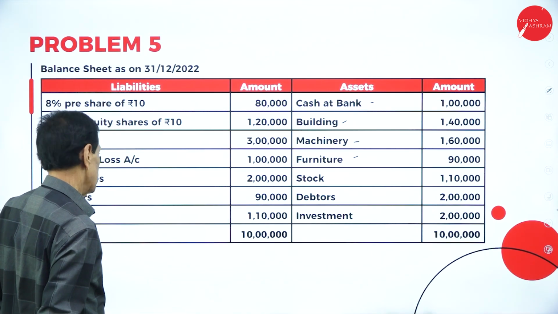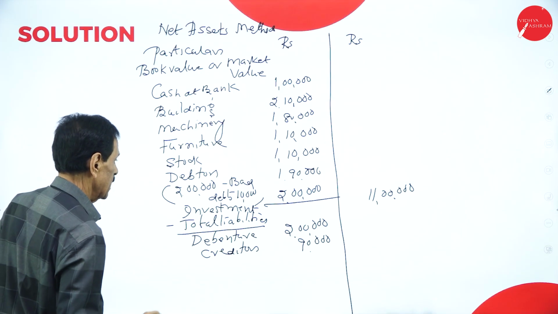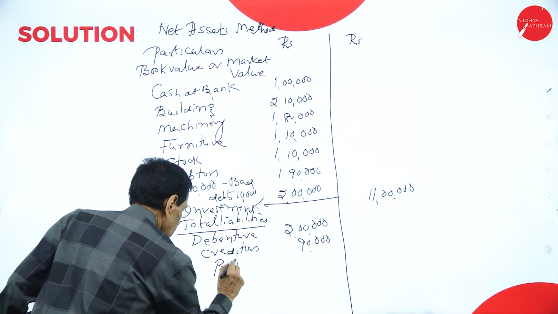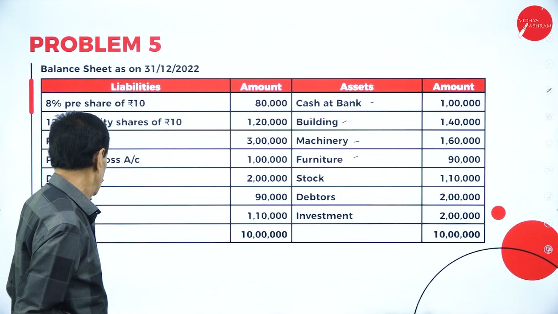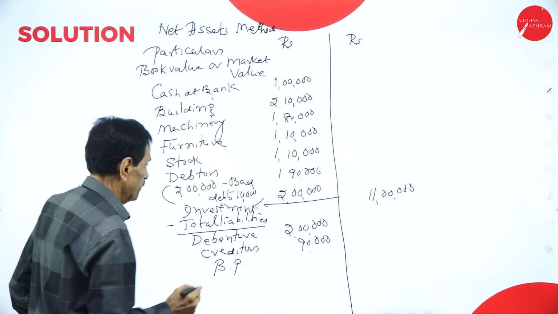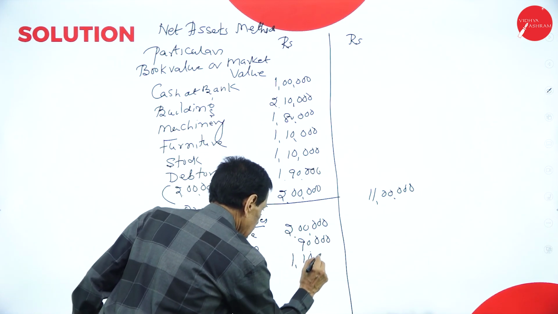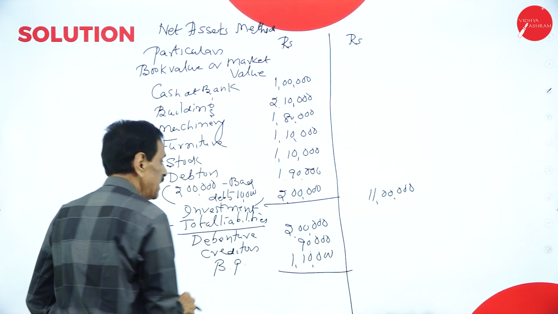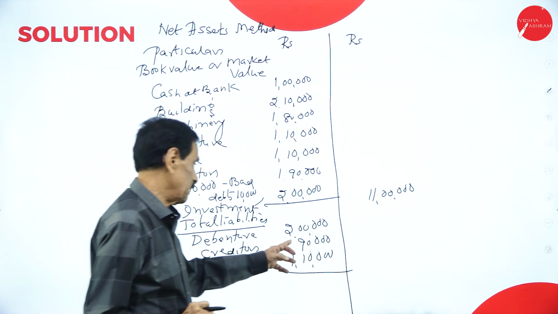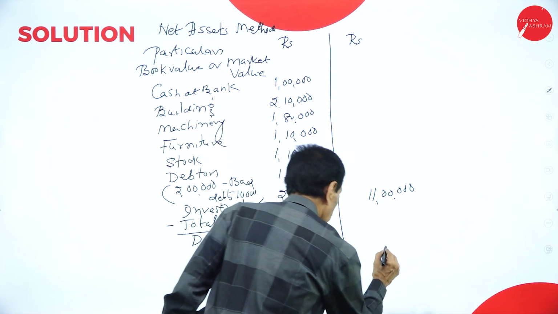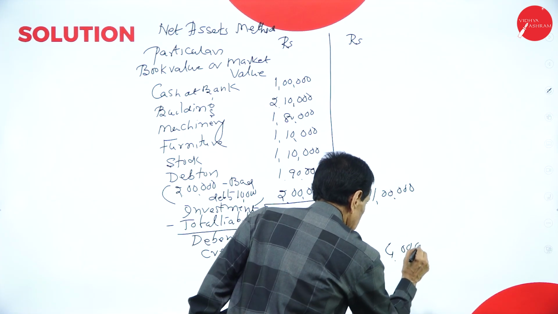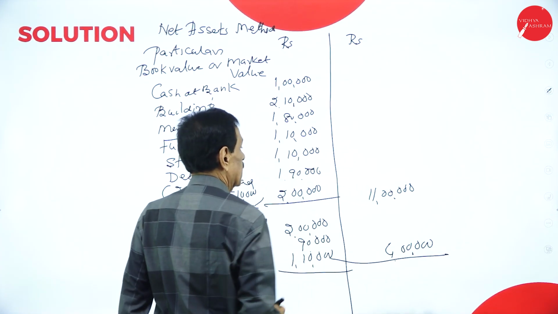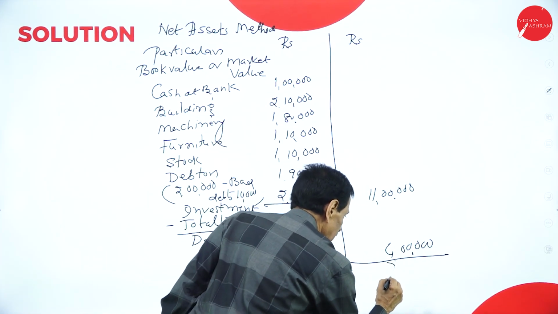What is the next one? BP. How much? 1,10,000. Add 1,10,000 plus 90,000 plus 2 lakh: 4 lakh. The difference is 7 lakh.